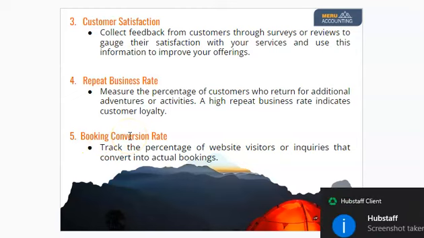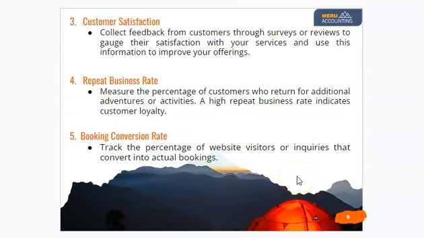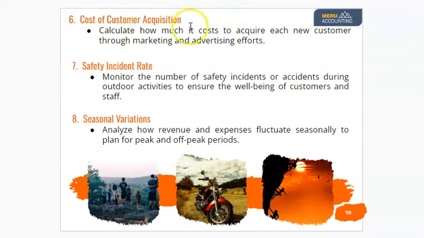This indicator will track the percentage of your website visitors or inquirers that are actually converted into customers. Cost of customer acquisition. This indicator will calculate how much it costs to acquire new customers through your marketing or advertising efforts. Safety incident rate. This indicator will monitor the number of safety incidents or accidents during your outdoor activities to ensure the well-being of your customers and your staff.